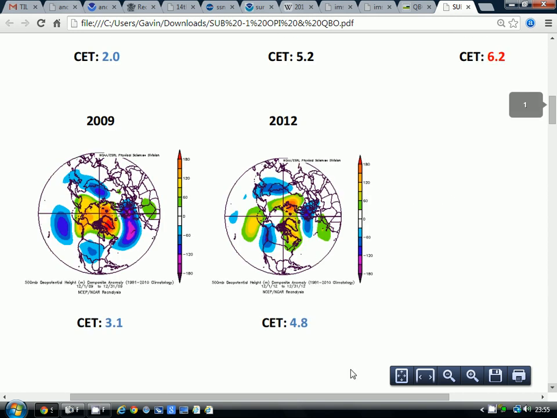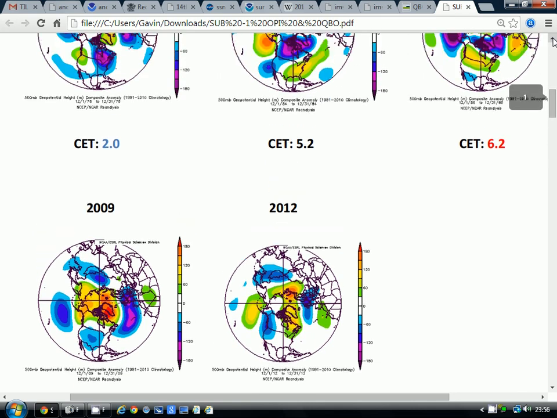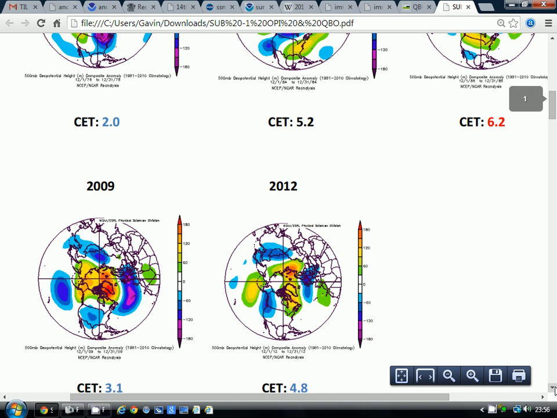December 2009 colder than average at 3.1, and December 2012 central England temperature comes out at 4.8, again a little bit colder than average. So the general theme is that you've got a greater chance of a colder than average December with an easterly QBO and the OPI under -1, although there are some years that come out average or above average.